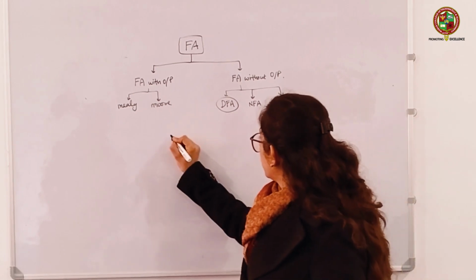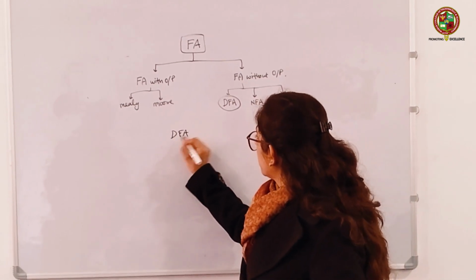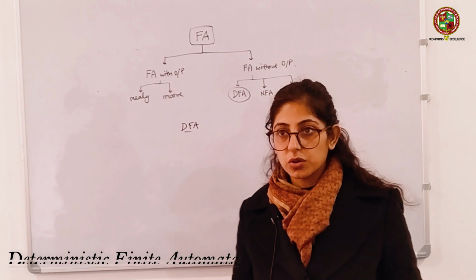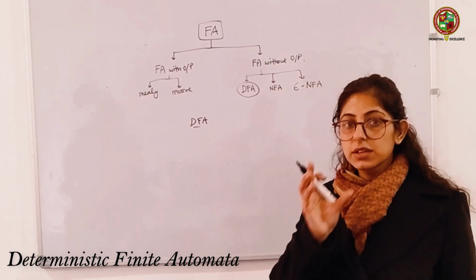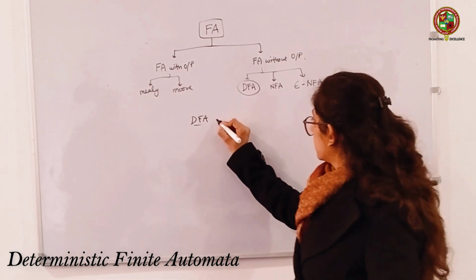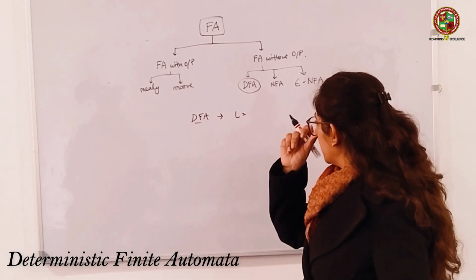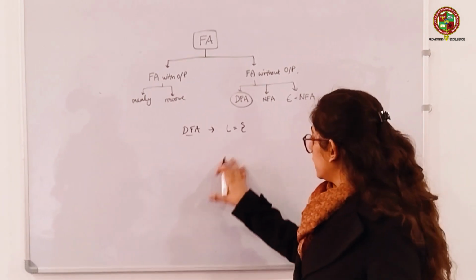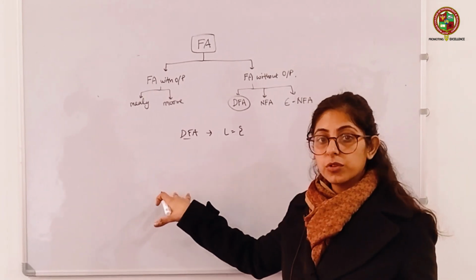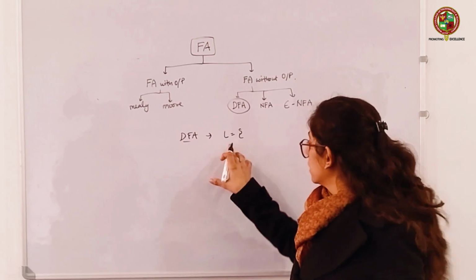Okay, so let's take deterministic finite automata. Deterministic finite automata means we are taking a small set. Let's take an example. We need a language for that. If I have to make any machine, then for communication I need a language.